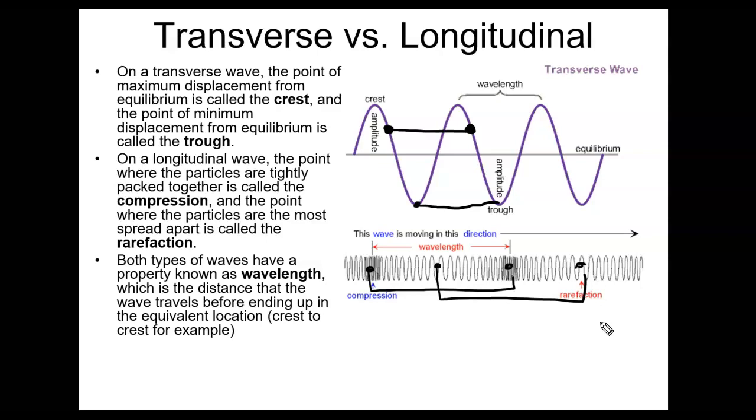Okay, now the symbol for wavelength, which you might know or maybe not, is the Greek letter lambda. So lambda, that's this upside down Y looking thing. That is the symbol for wavelength.